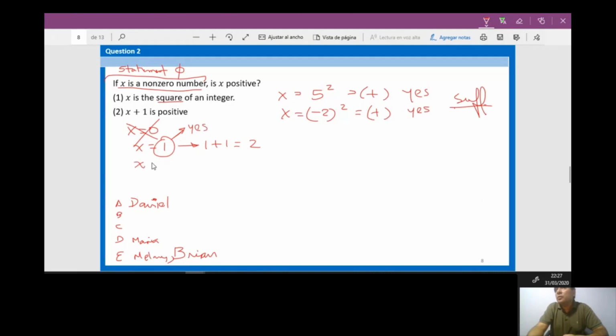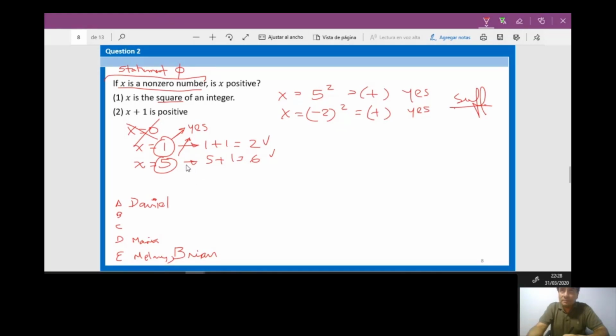What about other values greater than 1? For example, 5. 5 plus 1 equals 6. Yes, again, these values make the statement true and at the same time allow us to answer yes to the question. Probably those people who consider D as a correct option thought that this guaranteed the statement 2 was sufficient.